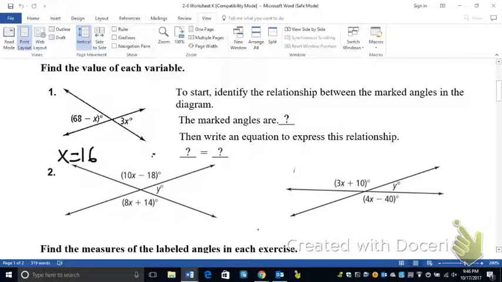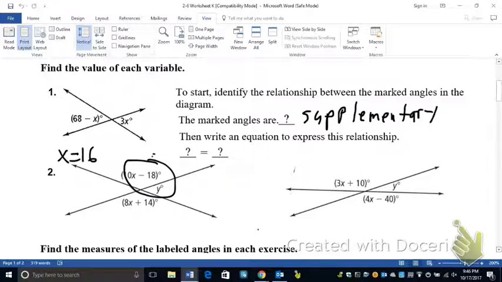Now we can use that x to find the value of y. We know that those two angles, 10x minus 18 and y, are supplementary. We know this because they're a linear pair. They form a line. We know a linear angle is 180 degrees. So we can set up that 10x minus 18 plus y equals 180.